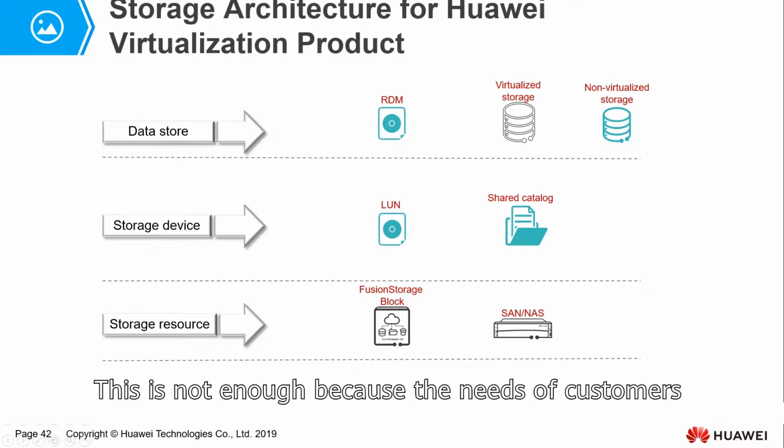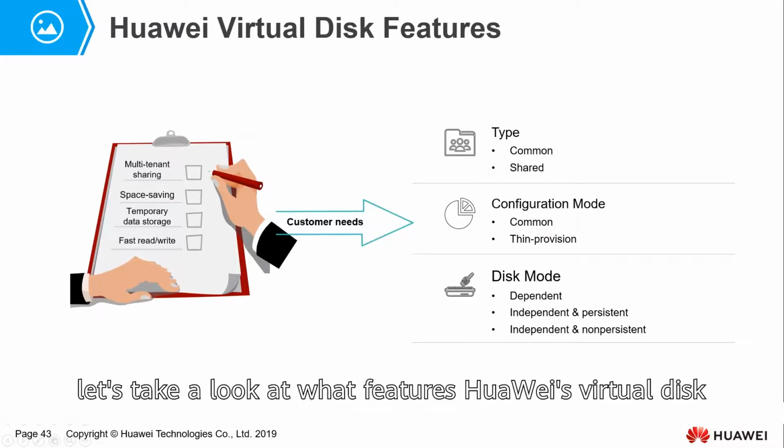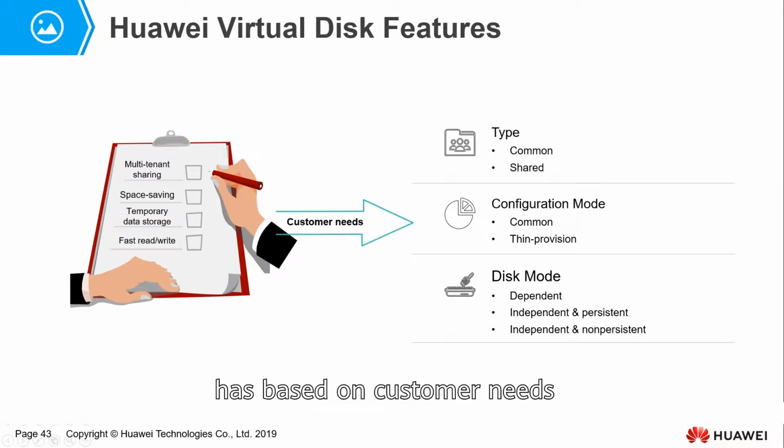This is not enough because the needs of customers are diverse. Next, let's take a look at what features Huawei's virtual disk has based on customer needs. First of all, they can be divided into three categories. The first is the type. The second is the configuration mode.